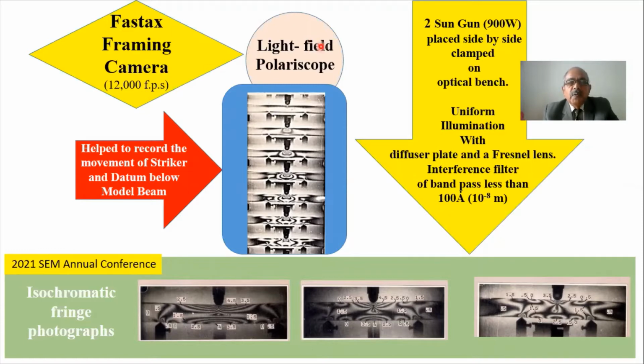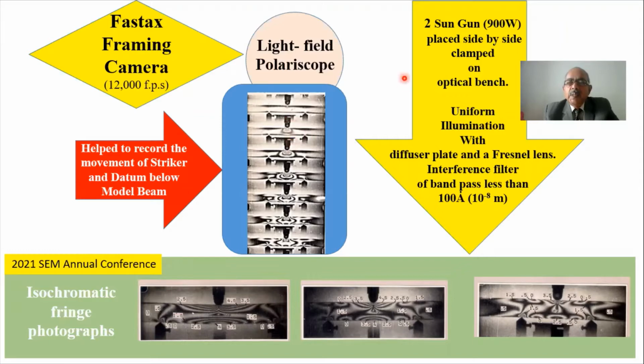The arrangement for the polariscope in this study is kept as light field, because when we record through this camera, the movement of the striker and the location of the datum will help us find the contact velocity of the striker, and the datum will help us find the deflection of the beam at different frames while recording.